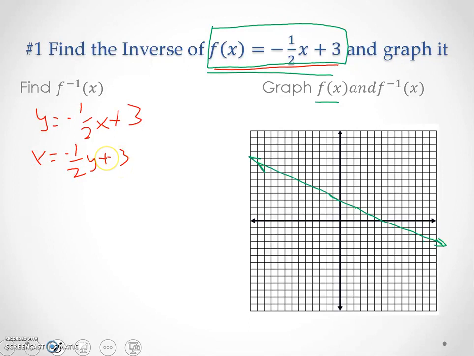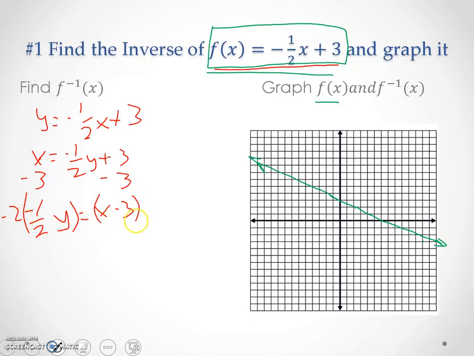But then it's going to make a lot of sense to get the y by itself. So what I would do is subtract 3 from both sides. And I'm going to have on the right hand side negative 1/2 y equals, and on the left hand side x minus 3. But then I want to get rid of the negative 1/2, so I'm going to multiply this side here by negative 2.